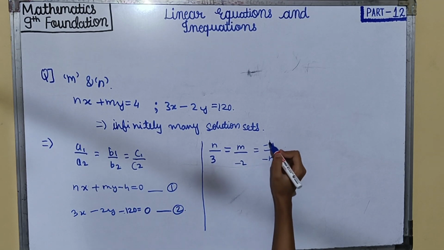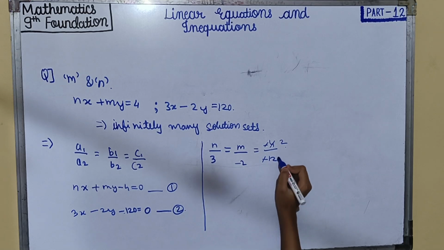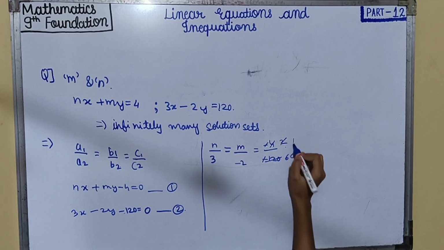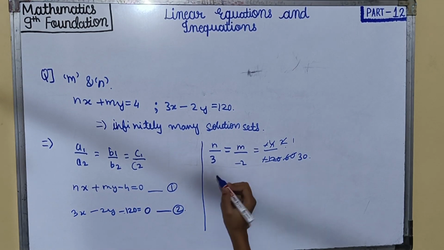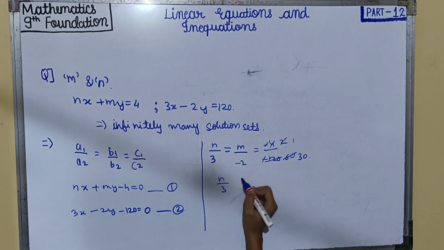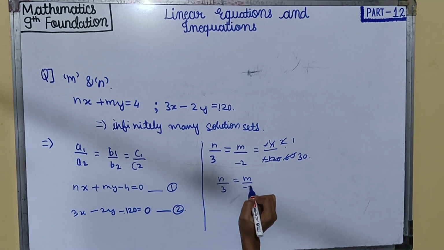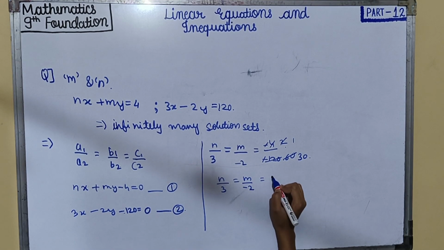Now we will simplify this. The minus signs will get cancelled, and 4 over 120 becomes 1 upon 30. So n upon 3 is equal to m upon -2 is equal to 1 upon 30.